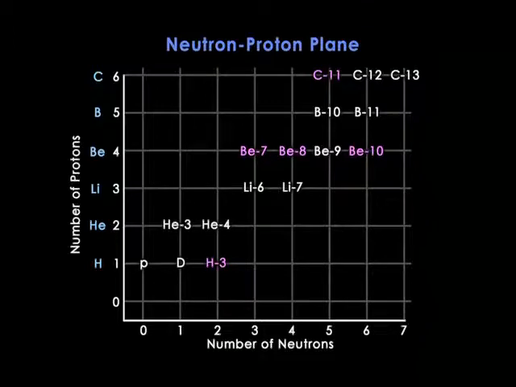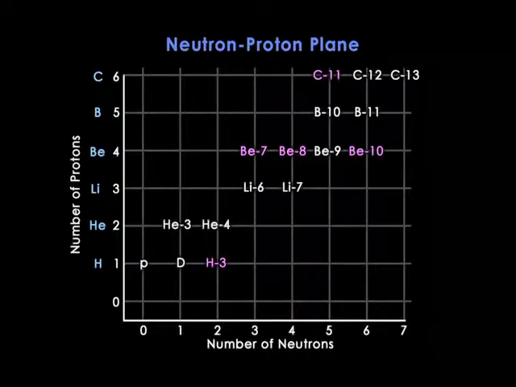Now you'll notice that each element has several possible nuclei. For example, lithium, with 3 protons, has 2 versions, or isotopes, to use the proper word. Lithium-6, with 3 neutrons, and lithium-7, with 4 neutrons. Notice the number in the name refers to the total number of protons and neutrons.